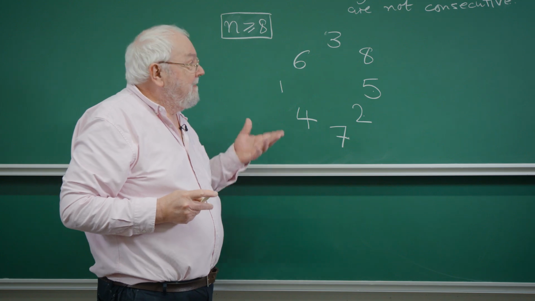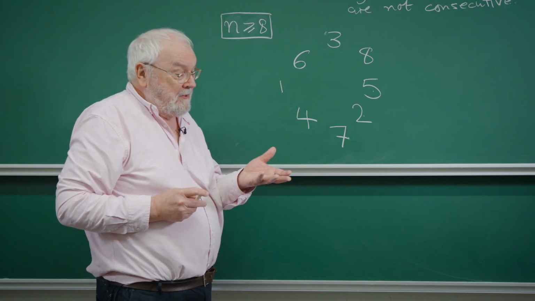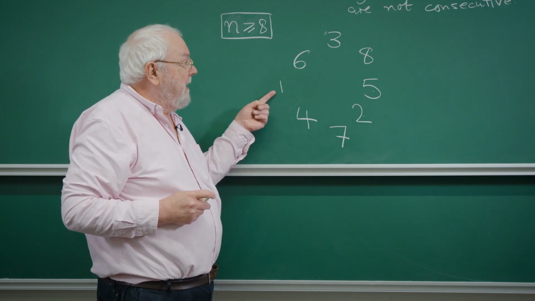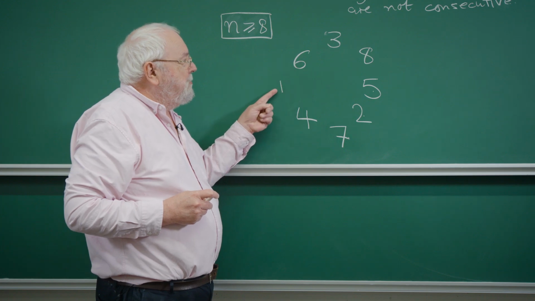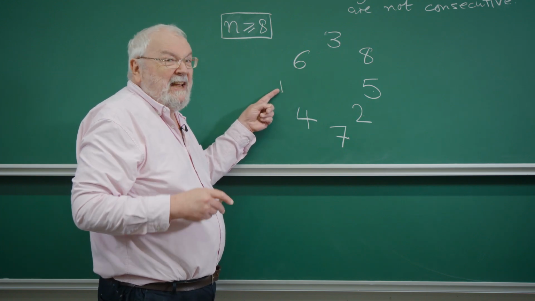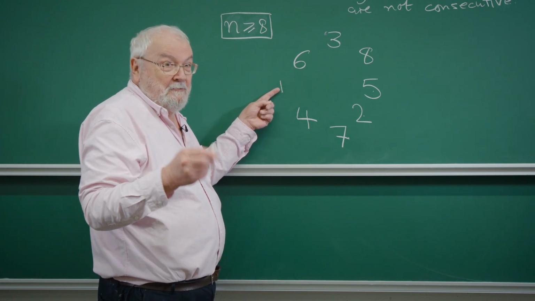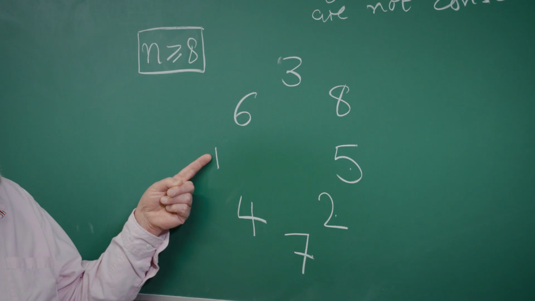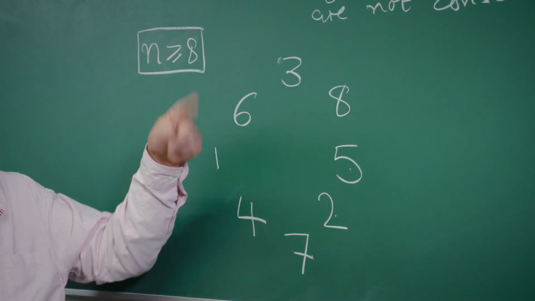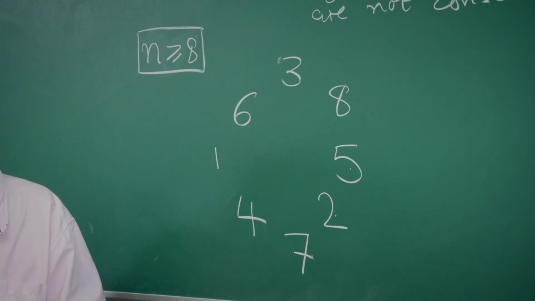Now, it's clear how that works, because if you start off with any number and you add 5, you change its parity, even with the clock business, even with the wrapping around. So adding 5 guarantees that as you go round, the numbers will alternate in parity.